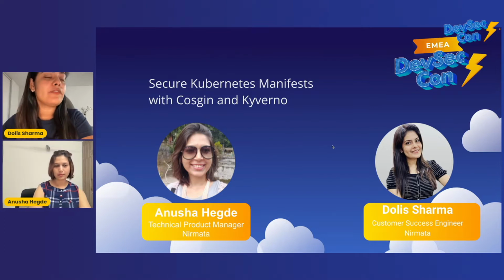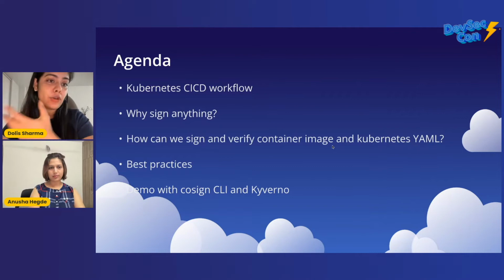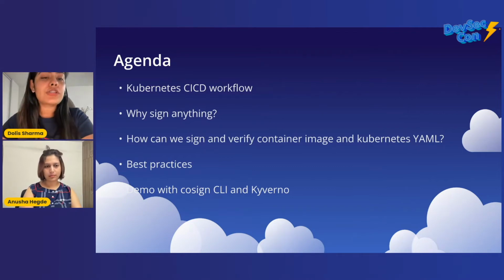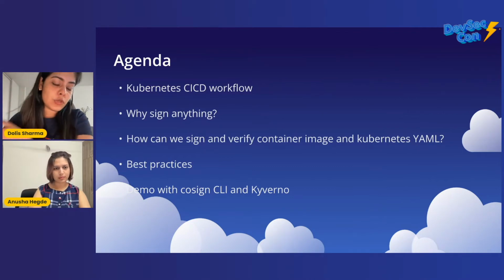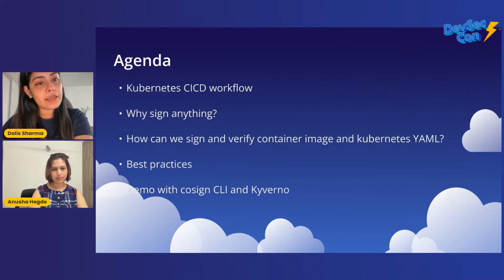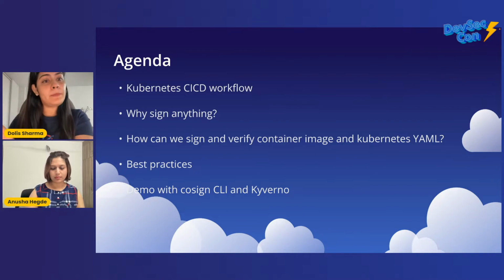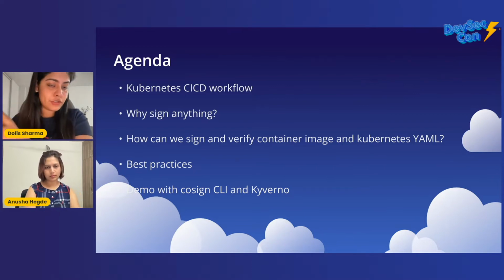These are the agenda topics we are going to cover in today's session. To start with, we will talk about what a Kubernetes CI/CD workflow looks like in the Kubernetes world, or how different people are using CI/CD pipelines with different tools, and then why we need to sign anything.